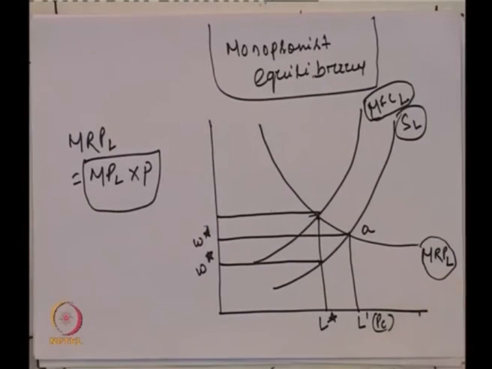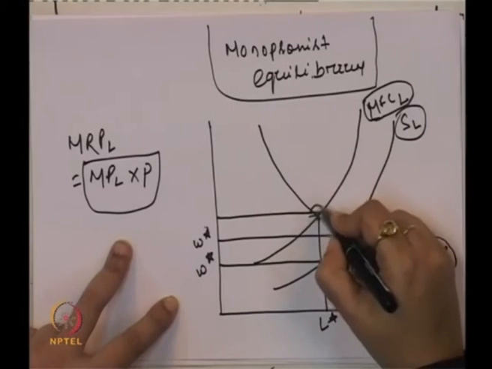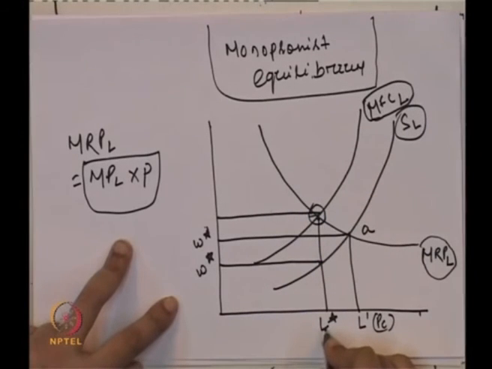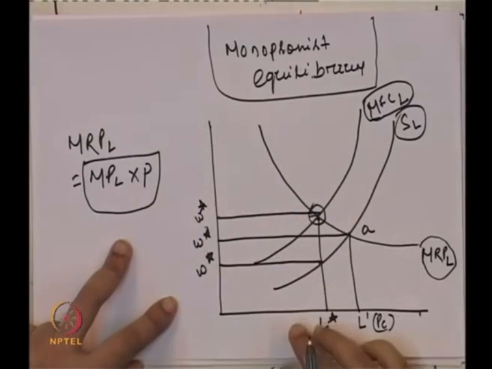Now what is the profit maximizing quantity? The profit maximizing quantity is at the intersection of the marginal revenue product and the marginal factor cost for labor. So that gives us L star workers and the wage rate paid, that is W star.